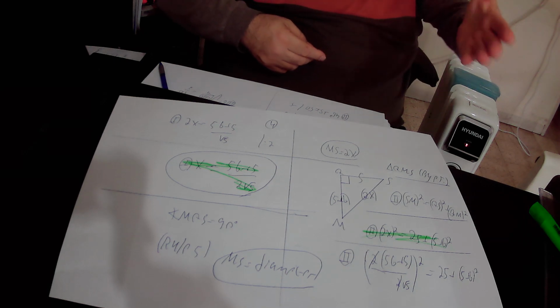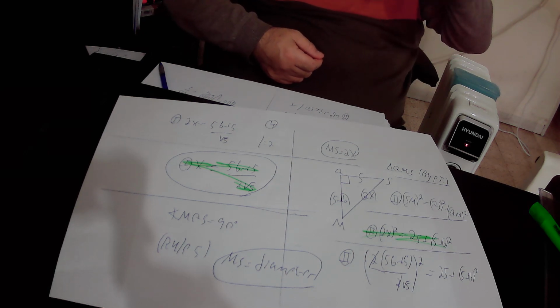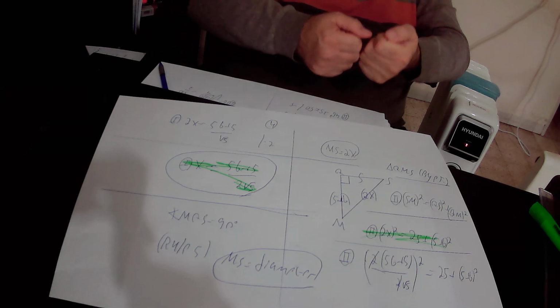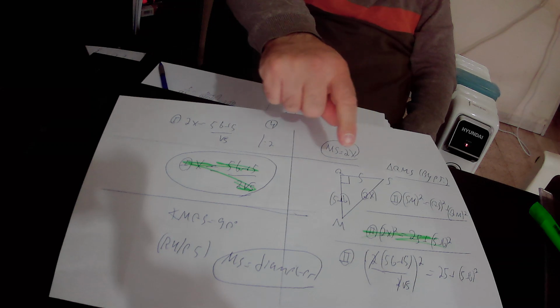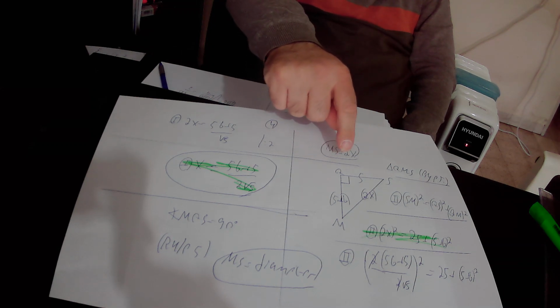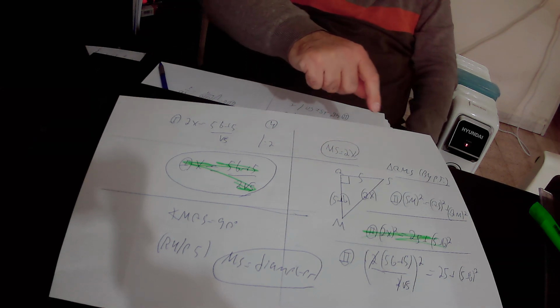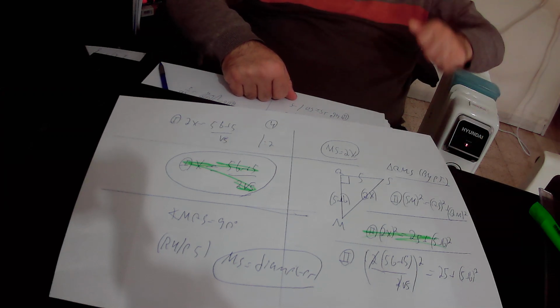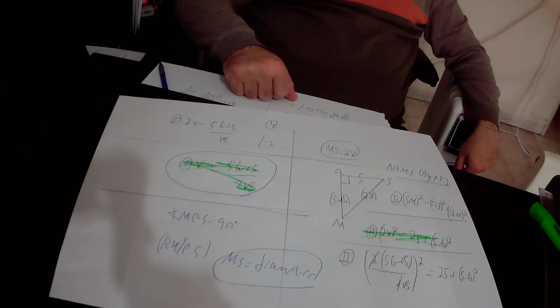So in this right triangle MQS, the Pythagoras theorem gives SM squared equals SQ squared plus QM squared.